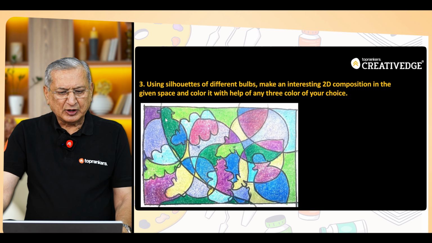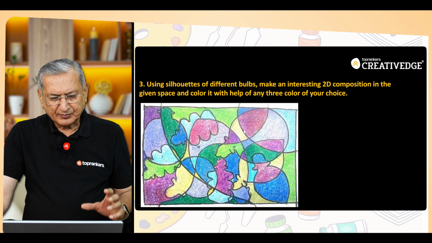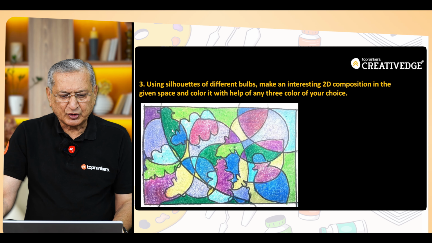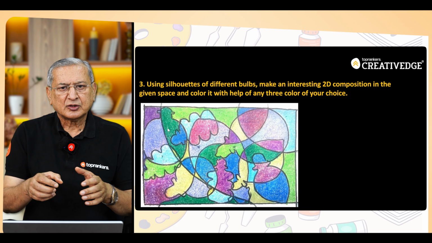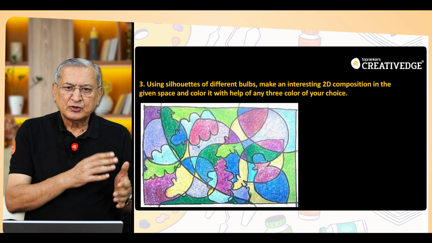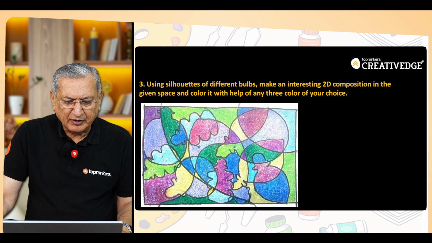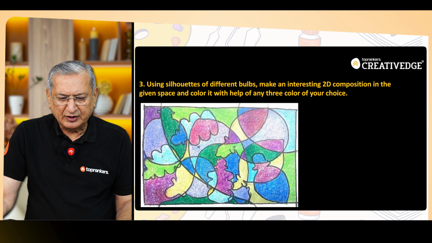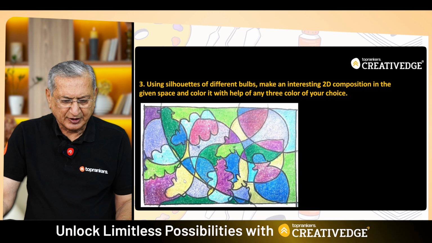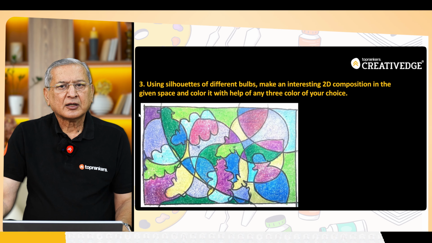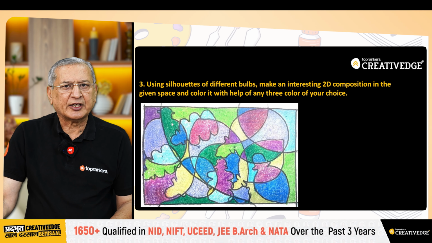So when it comes to giving the exam, what you should do is take out those 3 colors, any number of shades, and after you have sketched the elements, give a dark outline to all the elements here with the help of a sketch pen or maybe a micron pen.